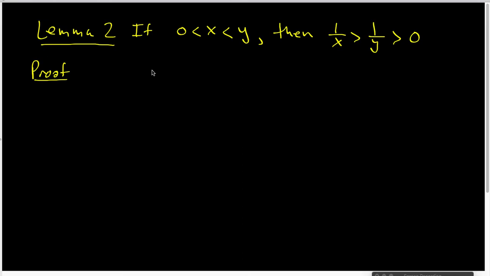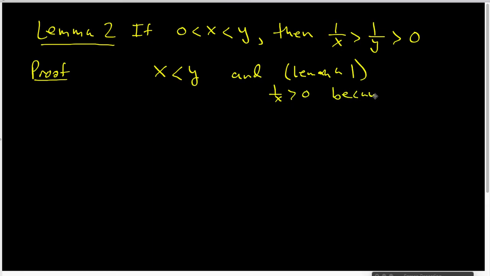We're going to start off with the inequality x is less than y. And we know from lemma 1 that 1 over x is positive because x itself is positive. So x times 1 over x is less than 1 over x times y.